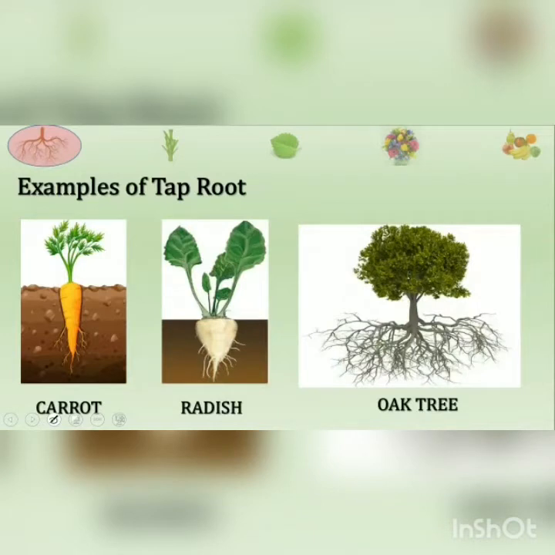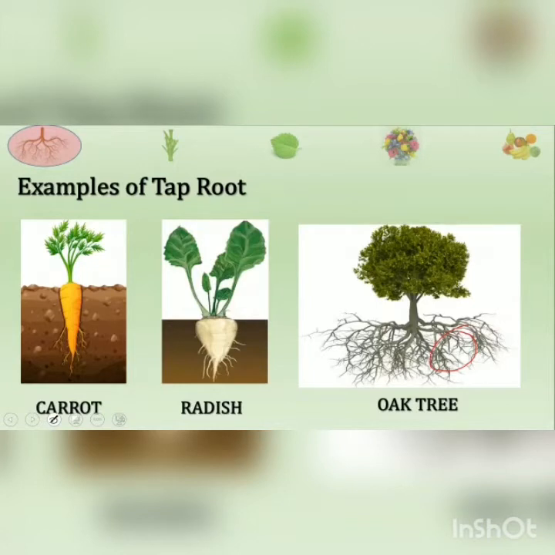You must be wondering, children, that carrot and radish keep the food in them, but what about the oak tree? It looks like a fibrous root, isn't it? But children, in the oak tree, the roots look like fibrous root because most trees begin with the taproot.